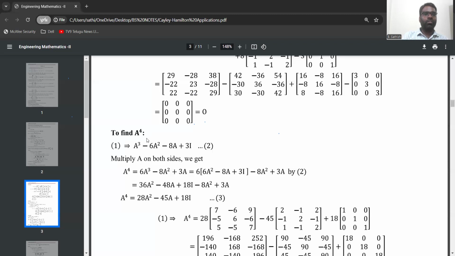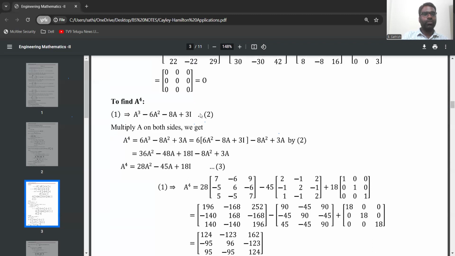So from the equation we obtained by using the characteristic equation, we have equation 1 as A cubed minus 6A squared plus 8A minus 3I equals 0.